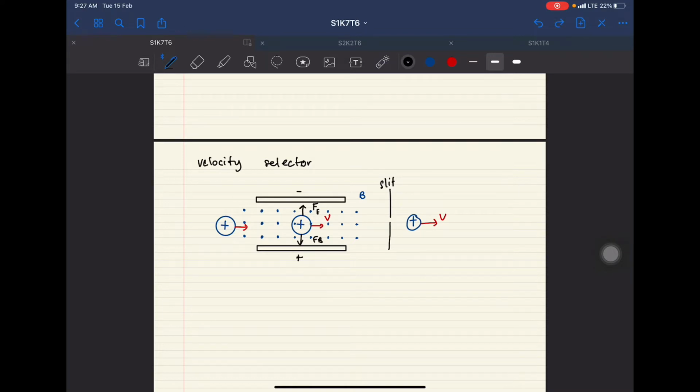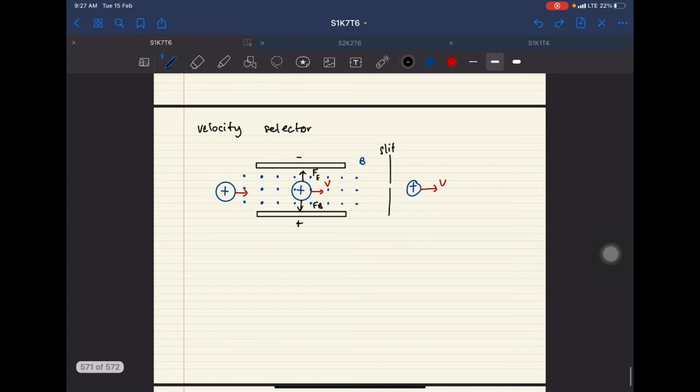In terms of workings, if the forces are balanced, I can say that the force of the electric field is equal to the force of the magnetic field. You have a negative and positive terminal, so it will produce an electric field, and that's why the charge moves in a certain direction. FB is equal to qvB sine theta, which you learn in this topic.